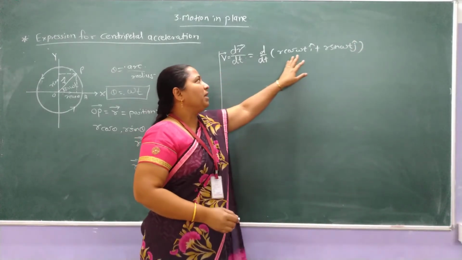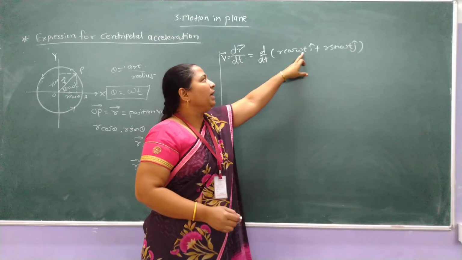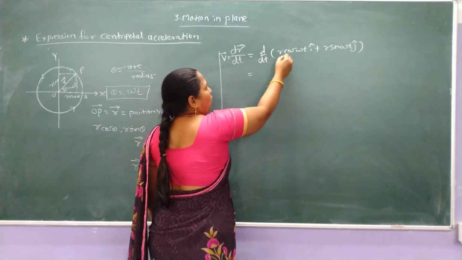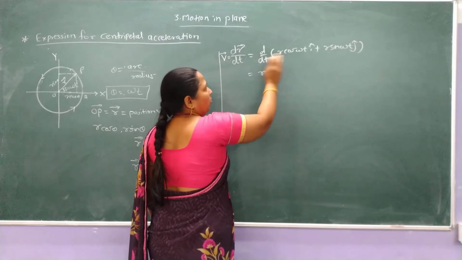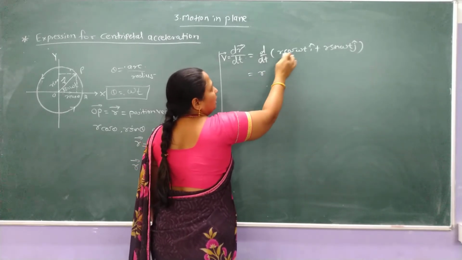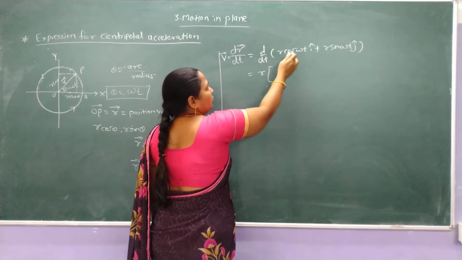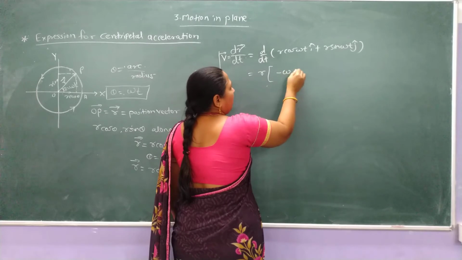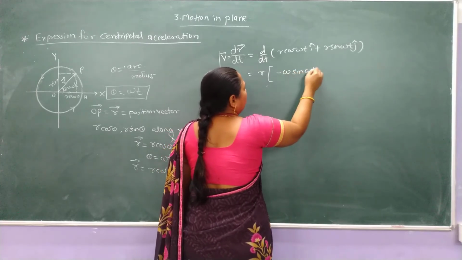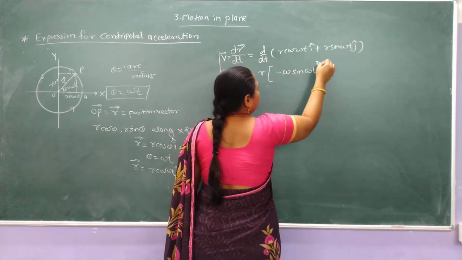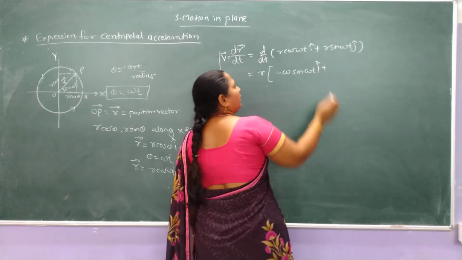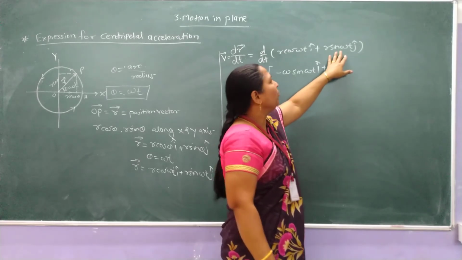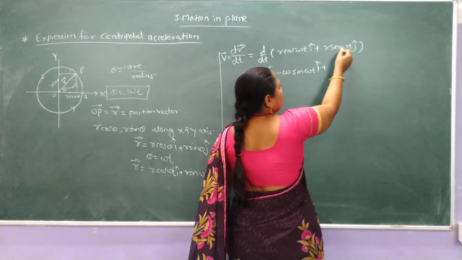Differentiate with respect to time, where omega t is the variable. Taking r common, the derivative of cos omega t is minus omega sin omega t, and the derivative of sin omega t is omega cos omega t.